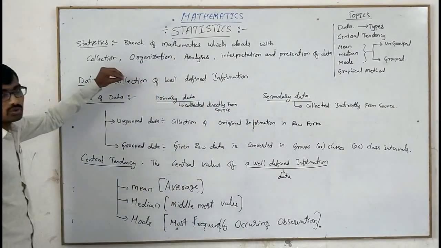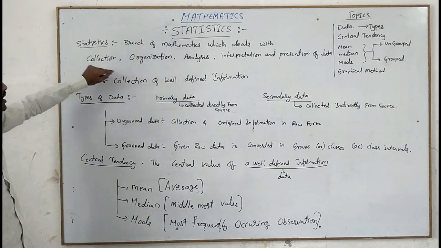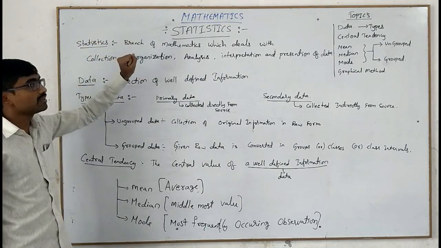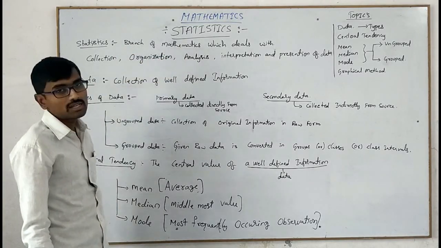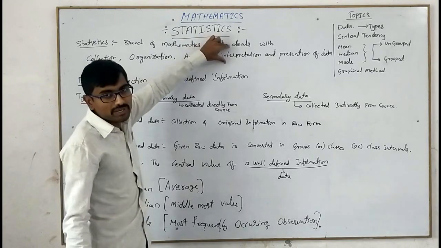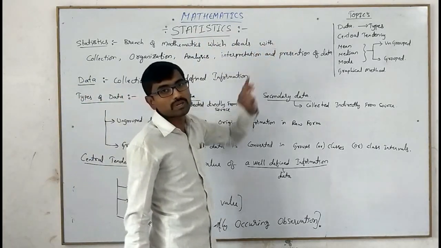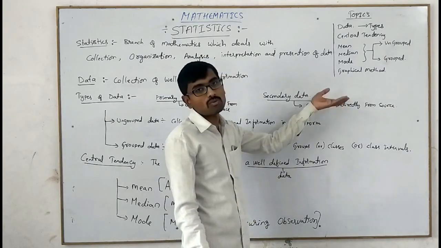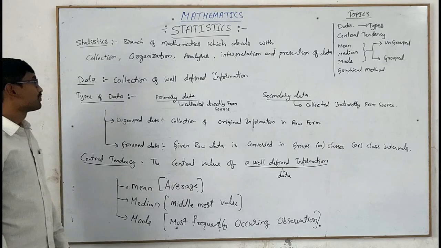So first we will collect the information in the form of data, and after that we will be organizing it. After that we are analyzing, that is we are examining it, and after that we are interpreting, that is explanation, and after that we are presenting the data either in the form of a graphical method or in a pie chart, etc.